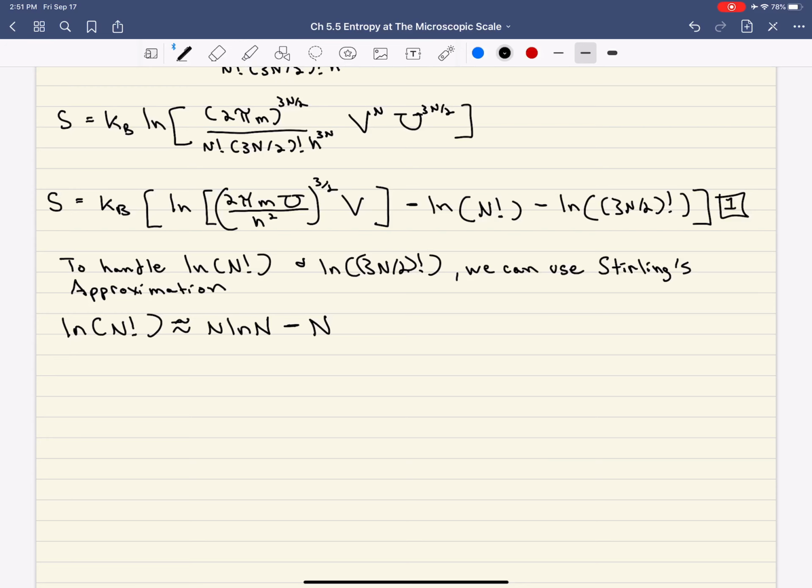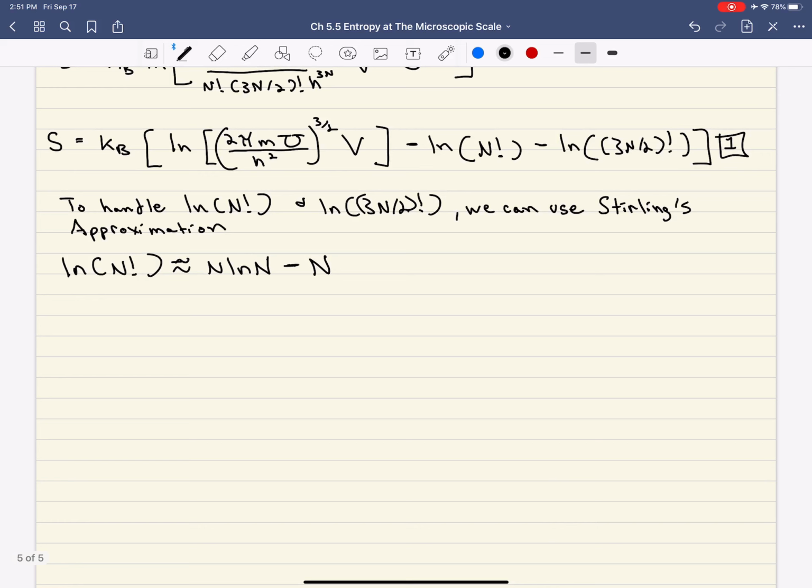That's just what the identity is. With that identity in hand, we could go back to equation 1 and simplify equation 1 down to this form.